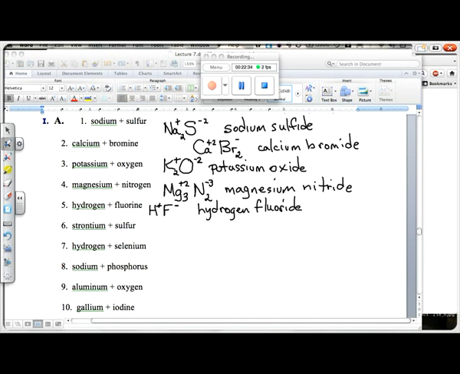All right, strontium, metal, 2 valence electrons, +2. Sulfur, 6 valence electrons, nonmetal, so gains 2. Strontium sulfide is the name of our compound, and I did not need to add subscripts because the +2 and the -2 canceled each other out.